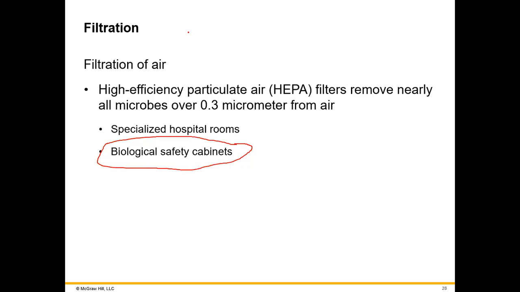So the fume hood in the chemistry lab has a fan to create vacuum that will suck the air out of the hood up through different pipes, and essentially the air passes through a flame to incinerate any chemicals that go through. The biological safety cabinet actually works in the opposite way.